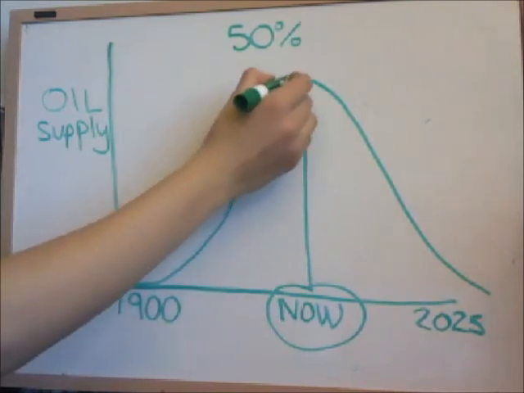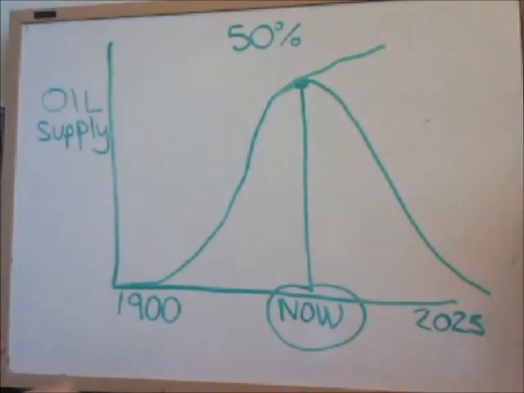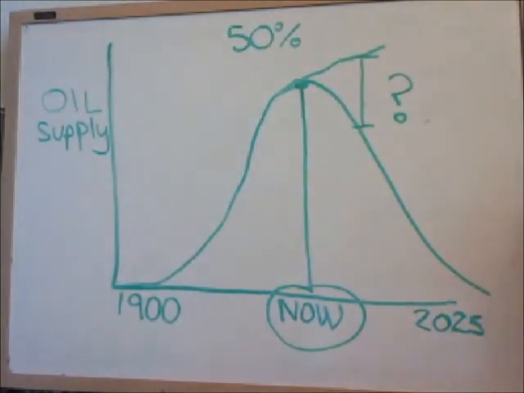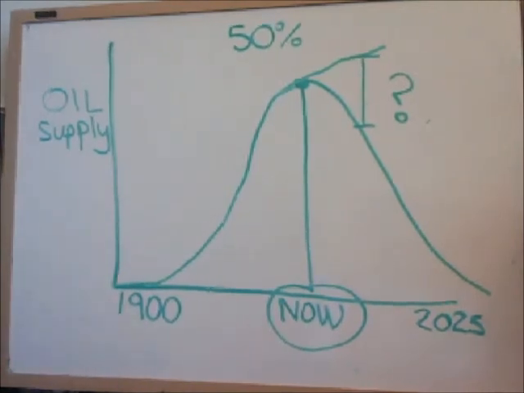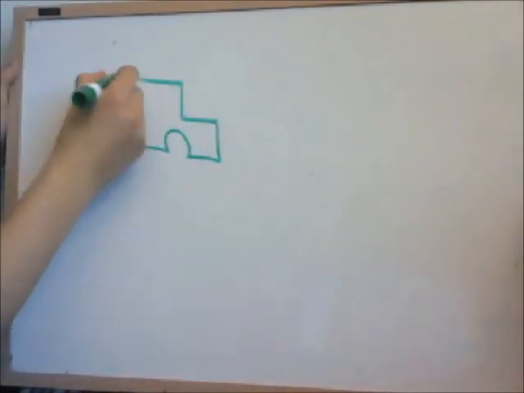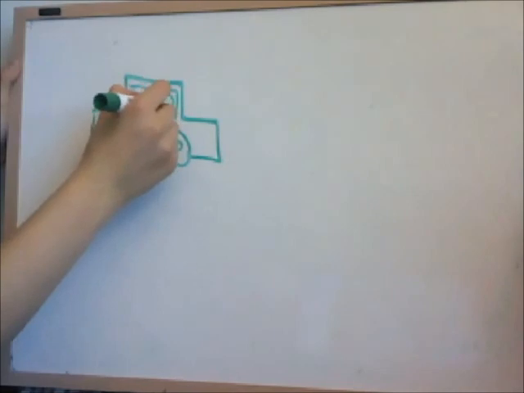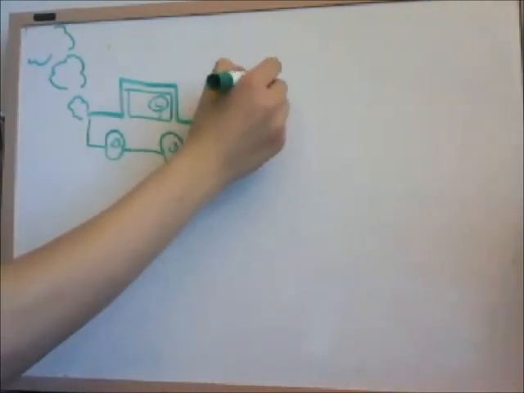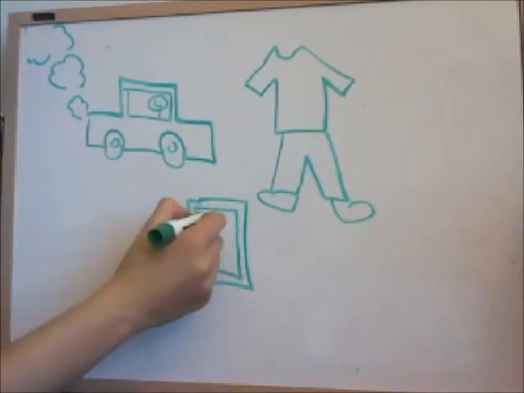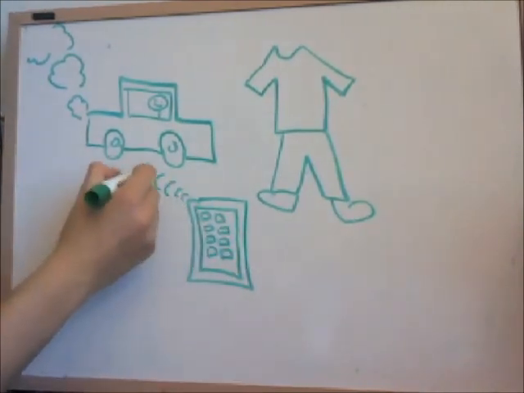But we still have this 50%, right? Yes, and the remaining 50% of oil reserves are the ones where oil is costly and difficult to access. What is more is that while our oil supply has started to decline, people all around the world still consume just as much oil as they ever did. Our entire economy relies and is based on oil. We need oil to run our cars, to make clothes, to build iPods.